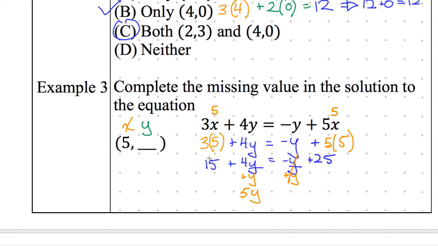And I need to move this 15 to the right-hand side by subtracting 15, and those cancel out, and 25 minus 15 is 10, so 5y is equal to 10, and then I need to divide both sides by 5, and I get y is equal to 2. So the answer here is 2.